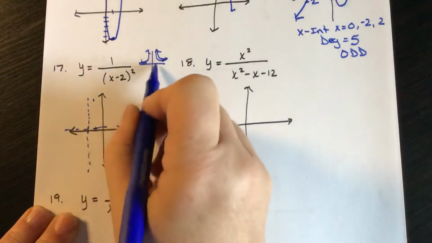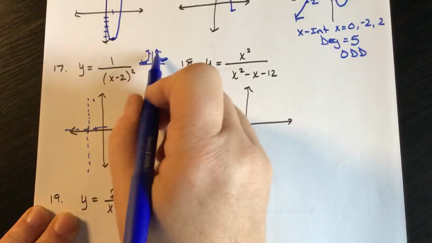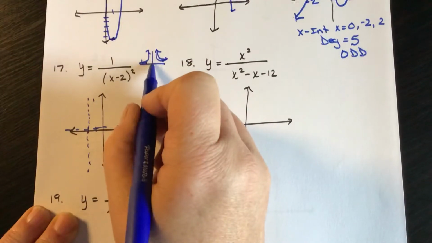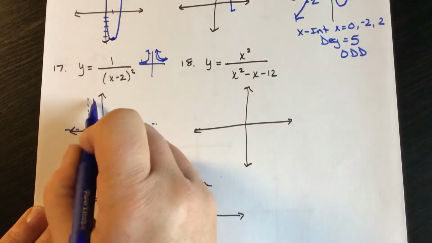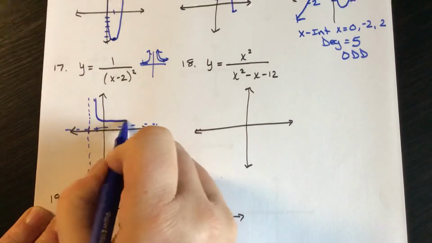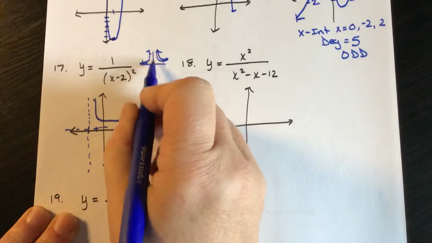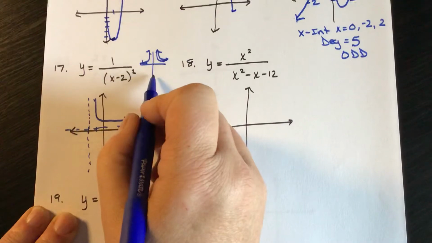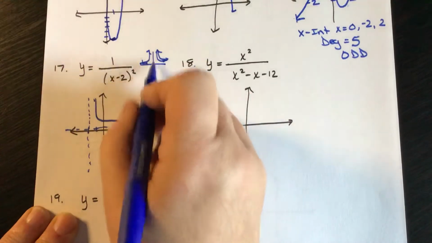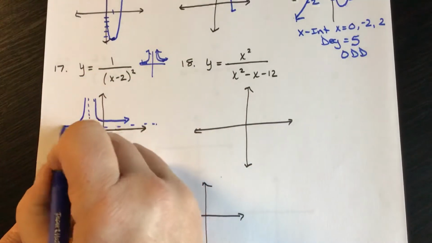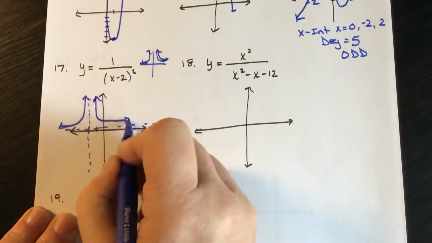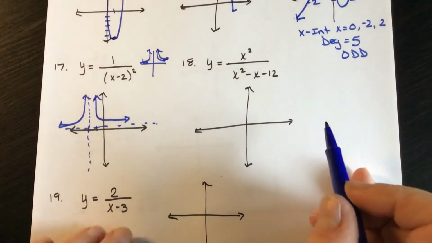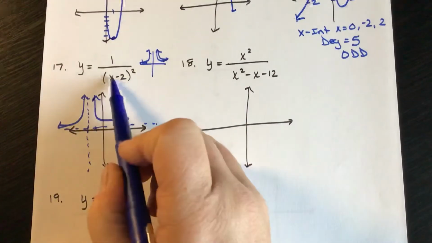So instead of having my 2 branches be kind of centered around the origin, this time they're going to be centered around the equation x equals 0 through the y-axis. So it's going to look like this. Okay, it's just shifted 2 units to the left.